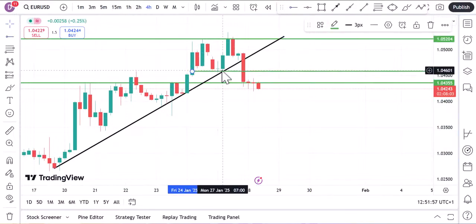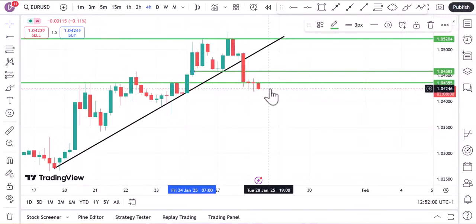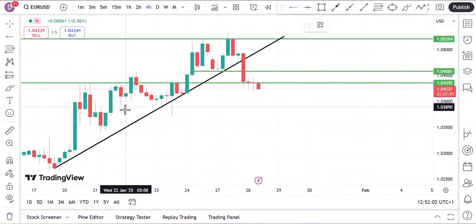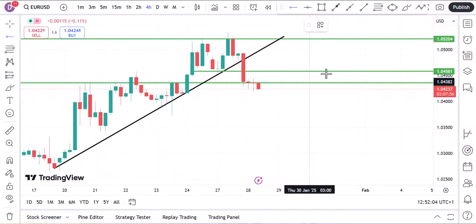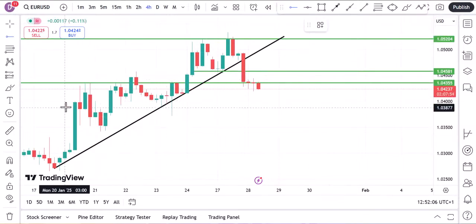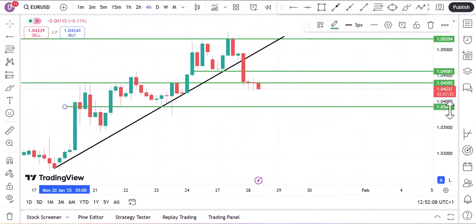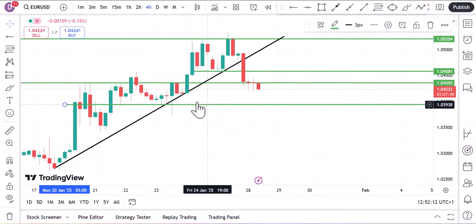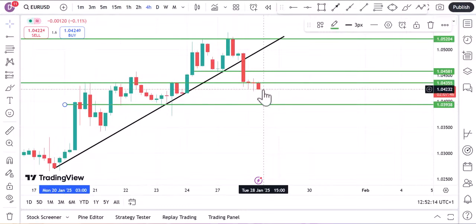So that's why we have to be careful about this market. Currently, the market Euro USD is heading south, and it's coming to around 1.03897 region. This area, because there's a support level here. So if we are to sell Euro USD, the market might likely come to this.